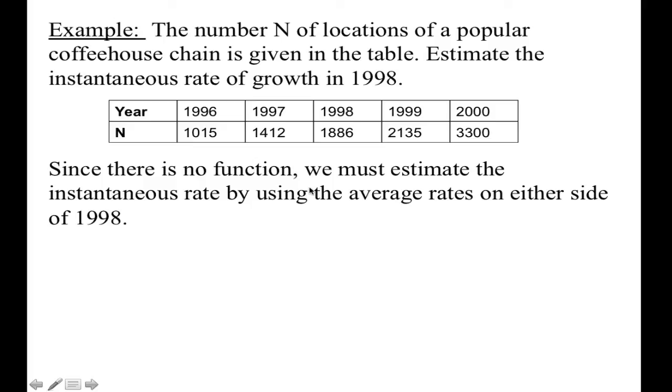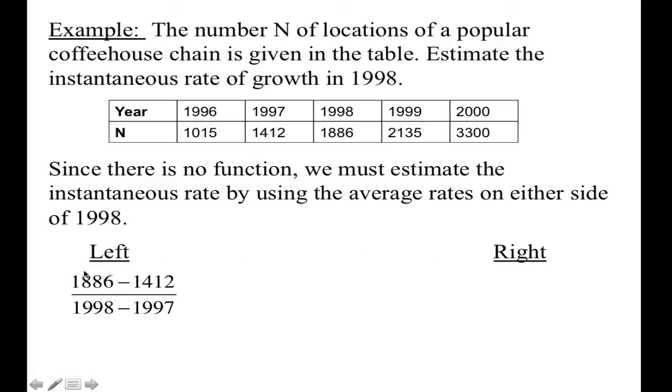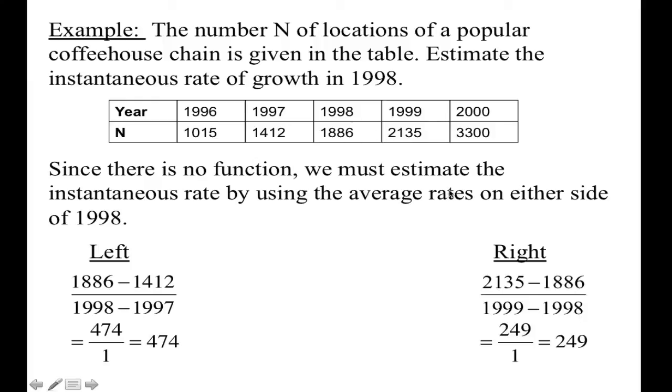Yes, we can. So we're going to do the left and the right. So on the left-hand side, we take our change in the number of locations over our change in year. Simplify it, we get 474. Now we do the right. Change in location over change in year. Simplify, we get 249.